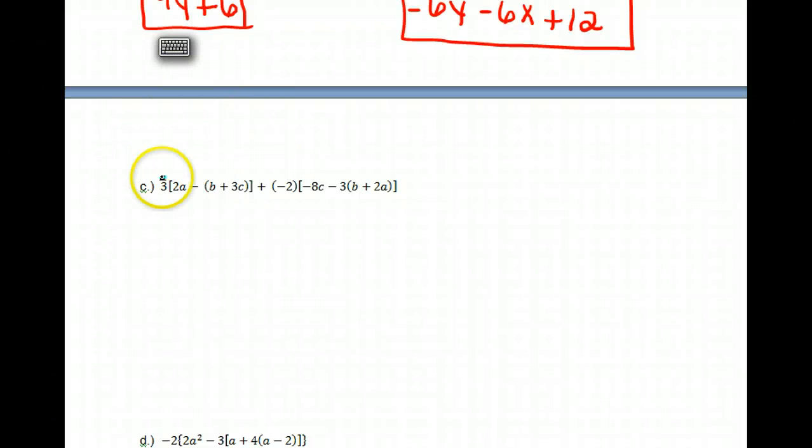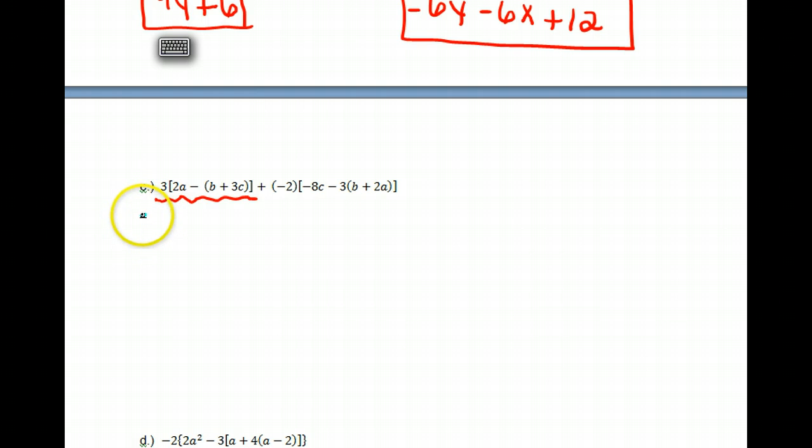So when you look at the first set that we have here, and let's just look here on the left-hand side for now, the innermost set of parentheses or grouping symbols is b plus 3c. We can't do anything with that, so we look to see what's directly in front of that grouping symbol, and it is a negative. So we will be distributing that negative into that group.